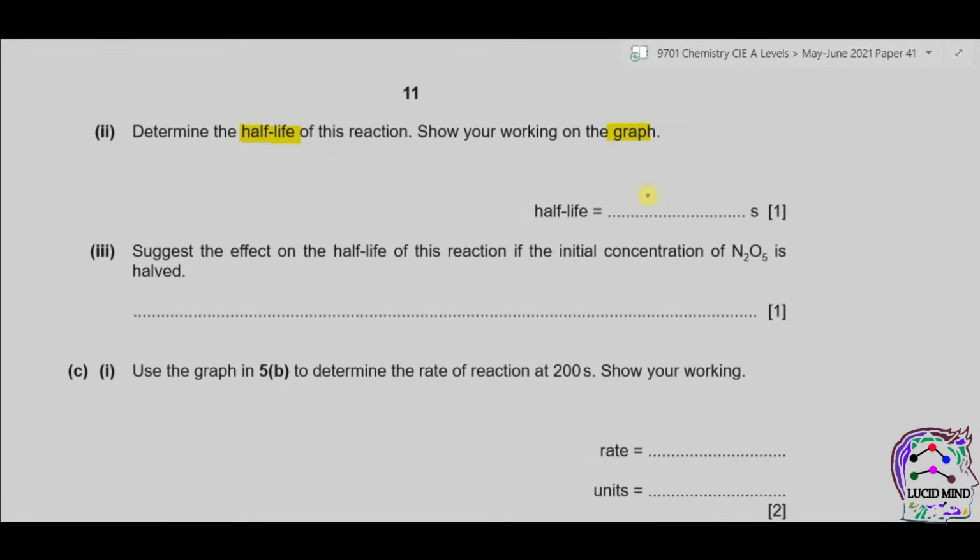Now the half-life is 150 seconds. Suggest the effect on the half-life of this reaction if the initial concentration of N2O5 is halved. Half-life is independent of the initial concentration of N2O5, so therefore we can say that there is no change on half-life.